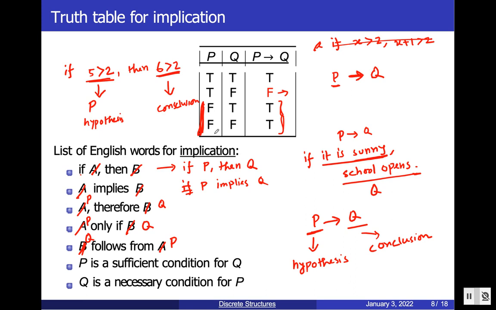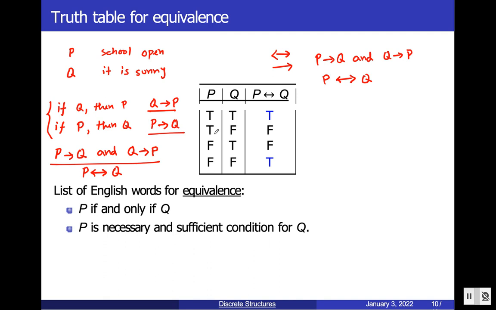Now in double implication, it says that school will open if and only if it is sunny. It means that for all other conditions, school is not going to open. That's how we can write the double implication: P implies Q and Q implies P.